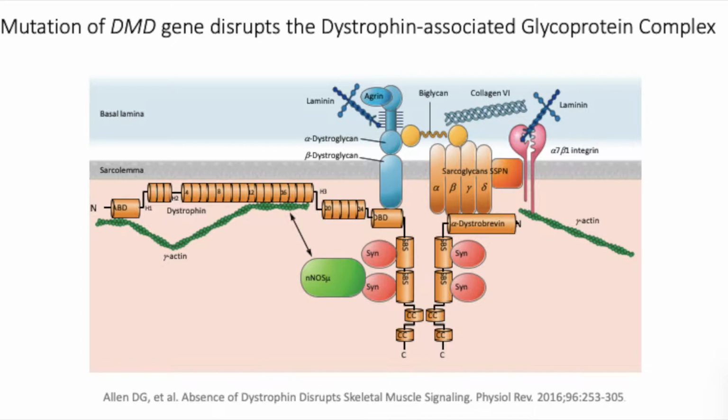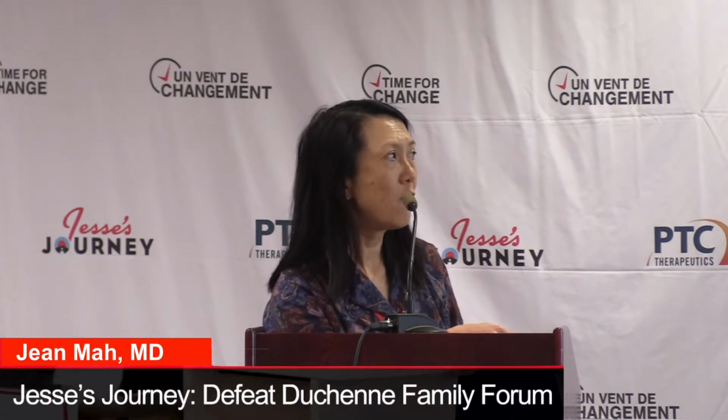So we understand now that this is a protein that spans across. This protein is shown like this in this cartoon. It's a big protein, one of the largest proteins that we make in our body. And this is a diagram of how it is contained within the muscle cell, how it is essential as a structural support for the elements in the muscle that contract, and how it links with the supporting element outside of each cell.